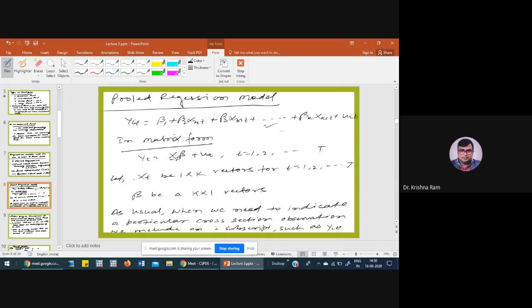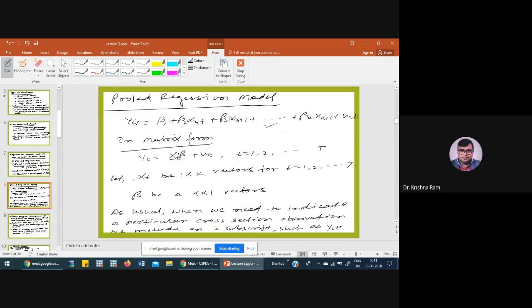We have not included the i here, and that is the usual notation used by Wooldridge in his book Econometric Analysis of Cross Section and Panel Data. So we may include it, or not include it; that is up to you.